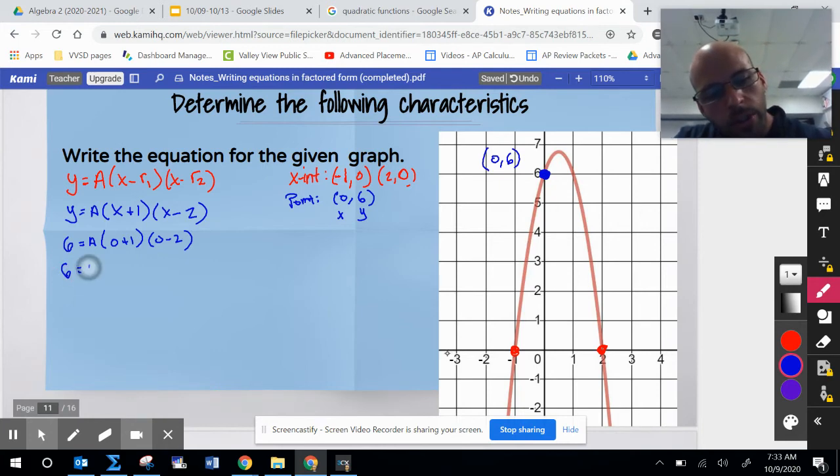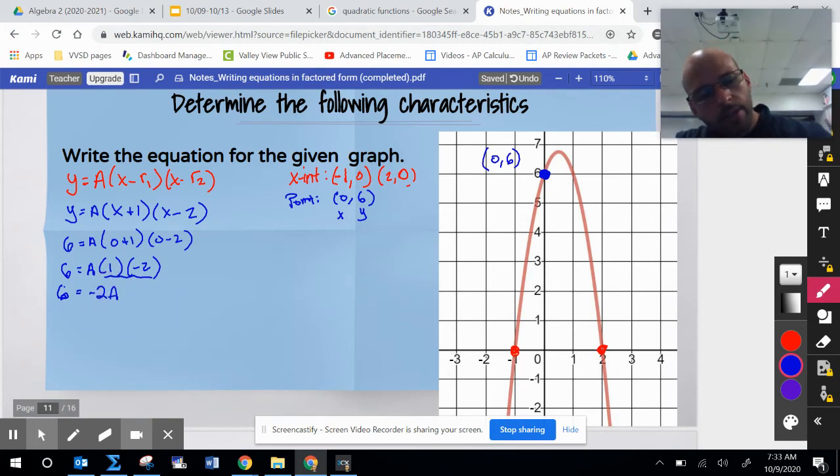So let's start to reduce it. 0 plus 1 is 1. 0 minus 2 is a -2. So let's multiply those values together. I'm going to get 6 equals -2a. And if you divide by -2, I get a to be 6 divided by -2, which is -3.